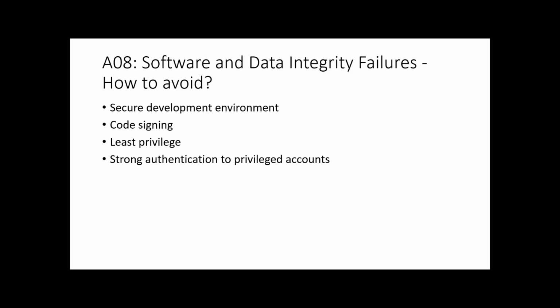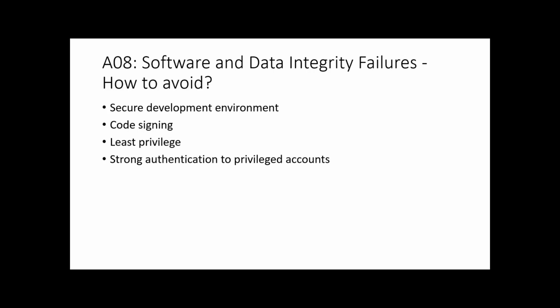To avoid software and data integrity failures, your development environment should be safe, so security should be part of your development. Similarly, code signing is very important. Code signing is about your binary when it is built and when it is distributed. When the user downloads it, it should check whether the hash of the client code is okay or not.